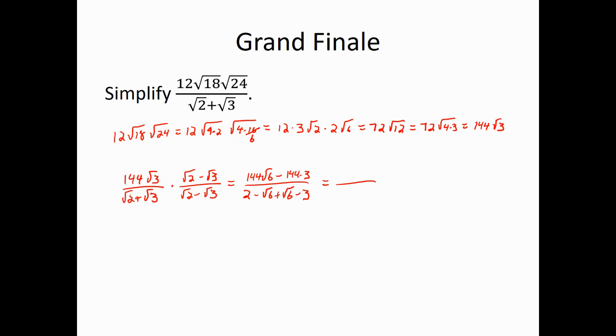On the bottom, the negative root 6, positive root 6 becomes 0. And then we have 2 minus 3, which is negative 1. And then on the top, we have 144 root 6 minus, well, let's see, 3 times 144. Let's see, what will that be?